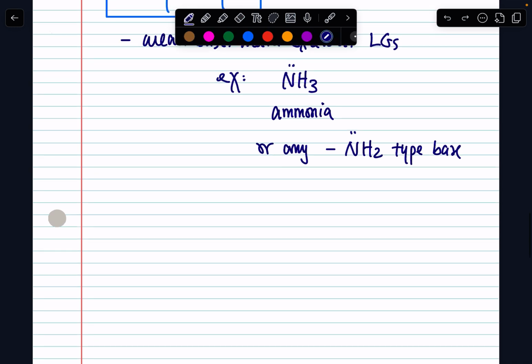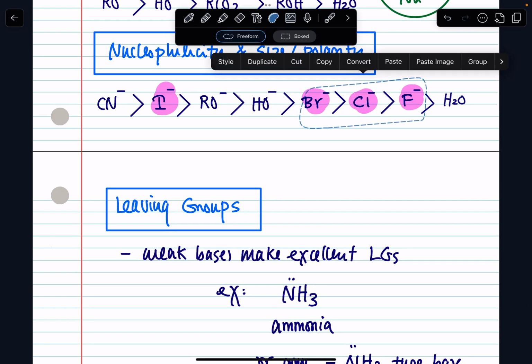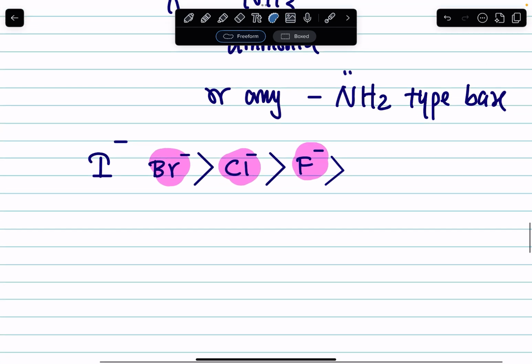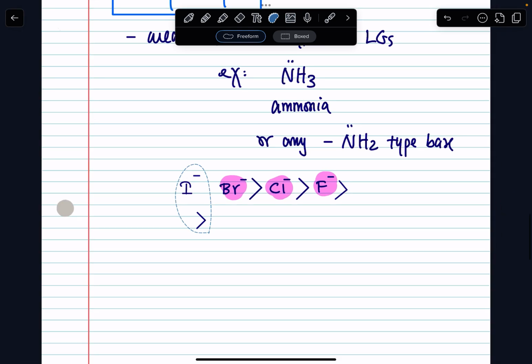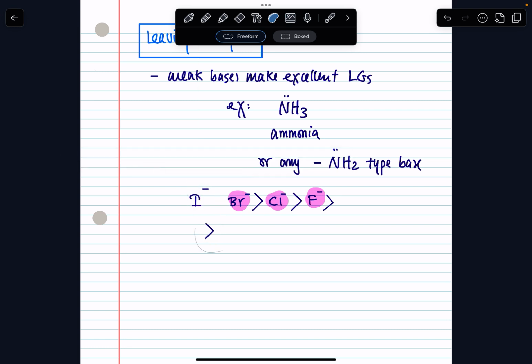In terms of trends, I'll write them down here for you. So I minus, let me just put these here. And you can see these are all your halogens, right?